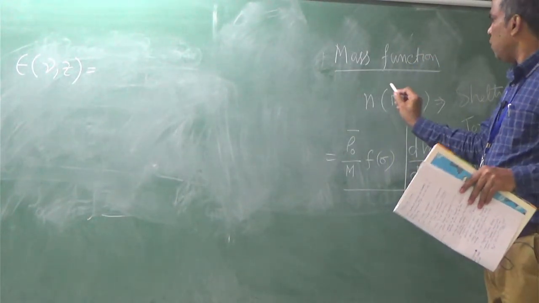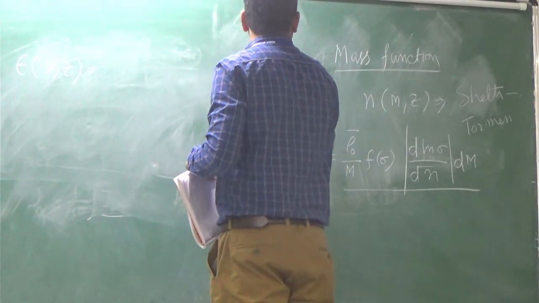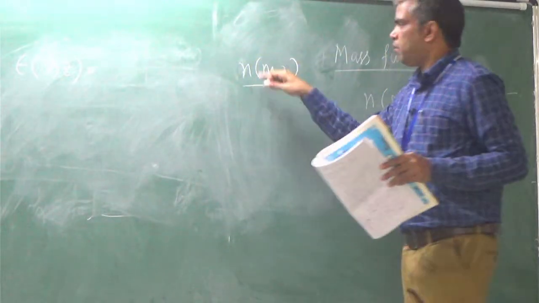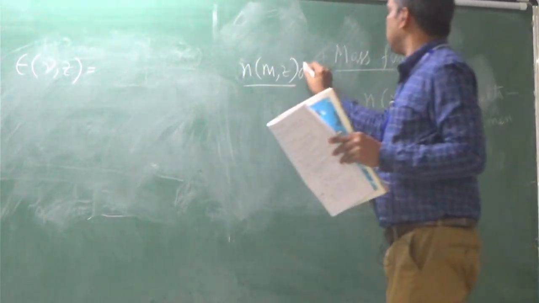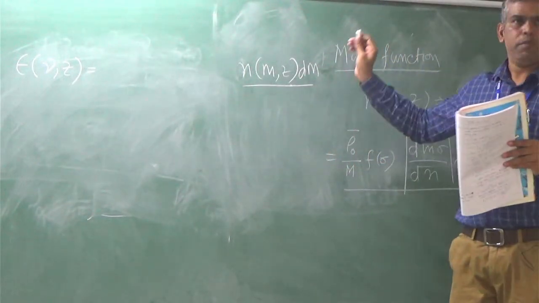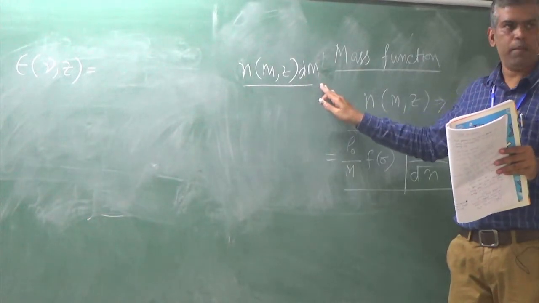Now this quantity actually gives you the number density of dark matter, the moving number density of dark matter halos in the mass range of m and m plus dm.